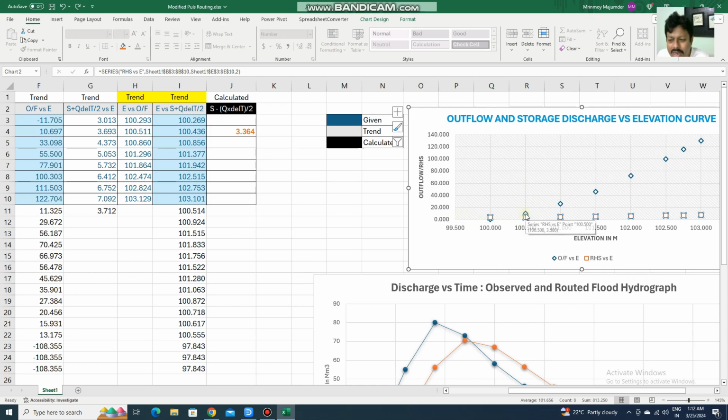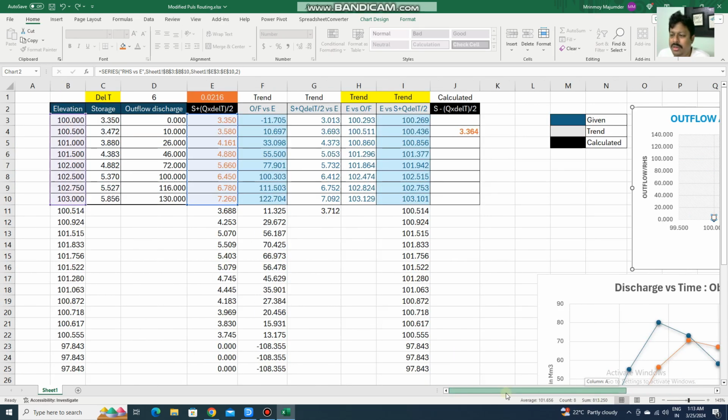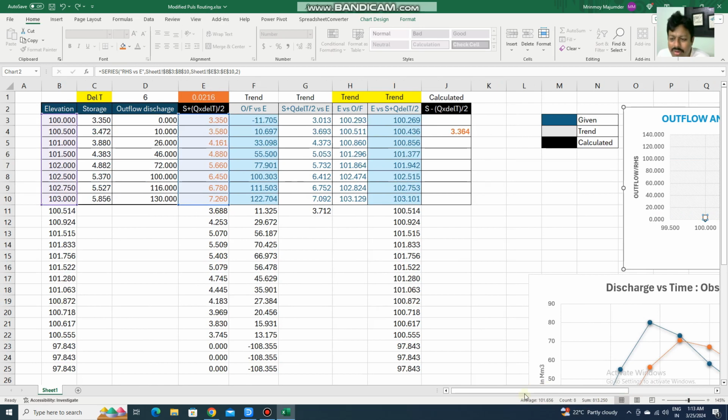Because if you extend another perpendicular from that cutting point to the y-axis, then the value where that perpendicular is touching the y-axis will give you the value of outflow. So that way also you can do it.